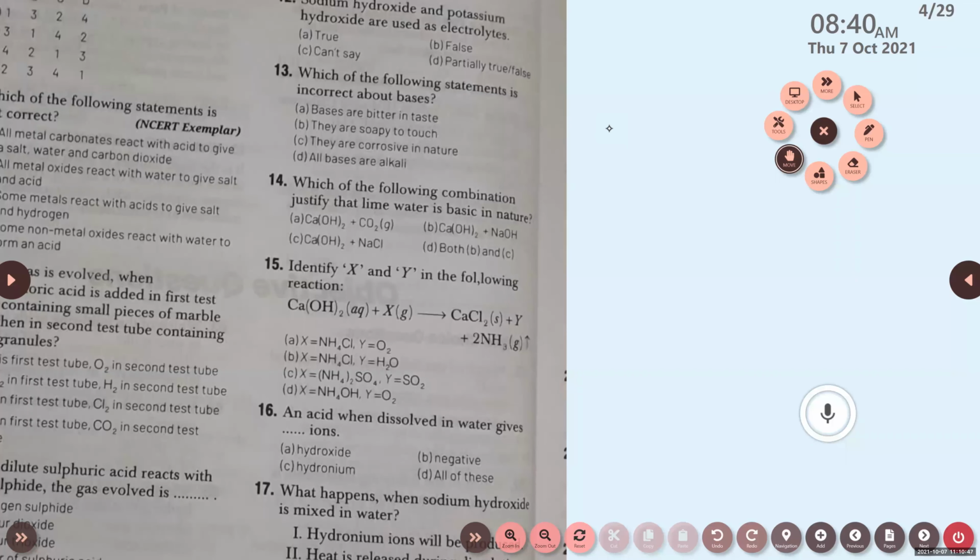So here calcium hydroxide reacts with another compound to form calcium chloride, ammonia, and Y. So you have to identify X and Y. Which compound reacts with calcium hydroxide to form this calcium chloride?